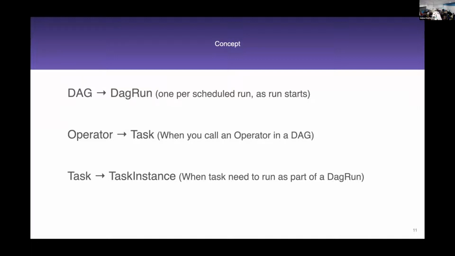Once you put your task into the DAG, then it becomes a task. It's hard to digest, but this is how it is. A task is converted into a task instance when it actually starts execution, or when you need to run it.